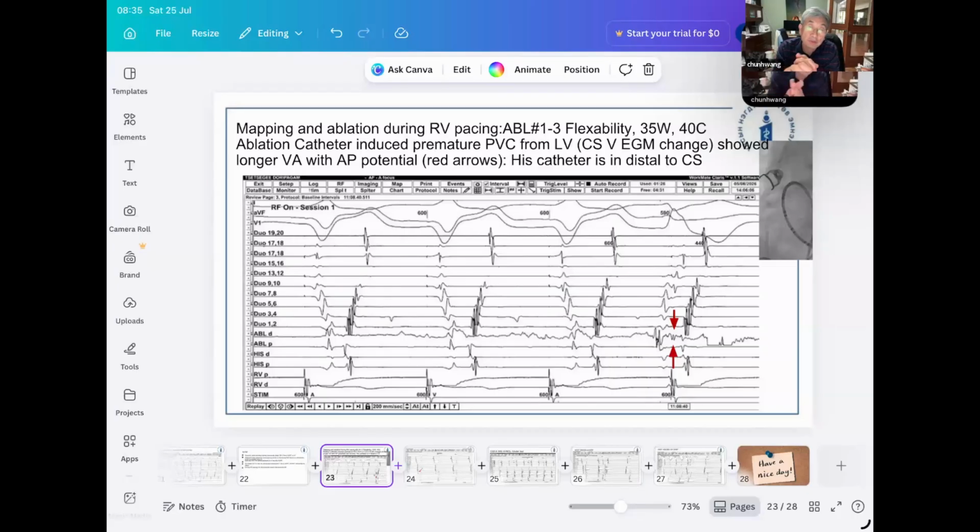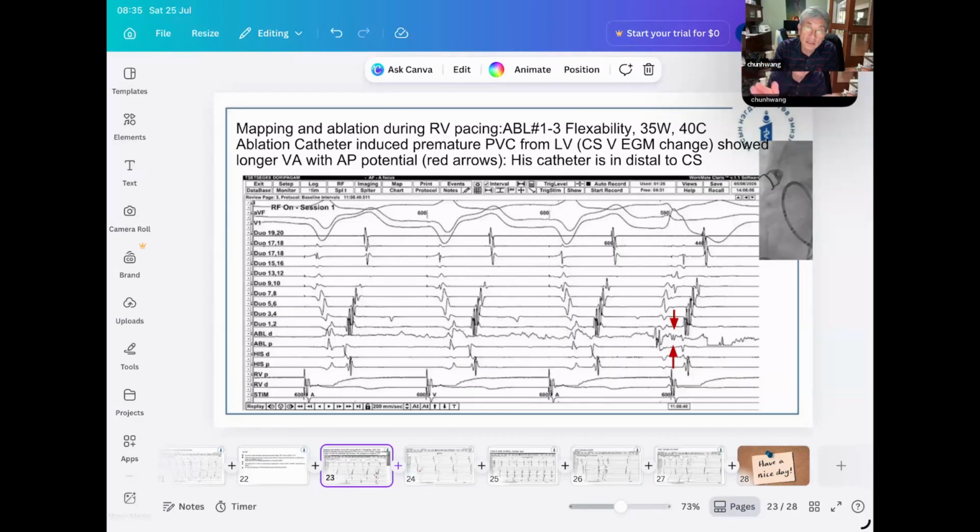There are many potential explanations for that. The question is, has PJRT been described in the left free wall, right side, and so on? The answer is yes. There are PJRT cases reported and published, many cases already, outside of the usual posterior septal pathway. This could be one of them, possible, but I have no proof of that.